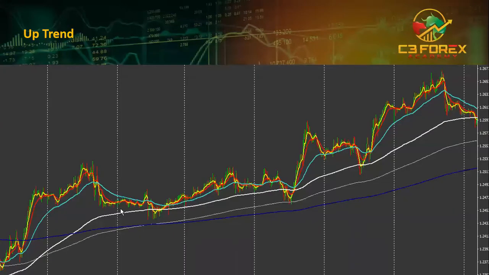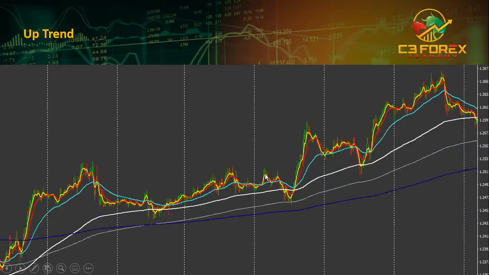So example of an uptrend, you got your 50, your turquoise, your white is your 200, your blueberry, 800, mayo, water, your red is your mustard, 13, the 5 is the, I'm lying.